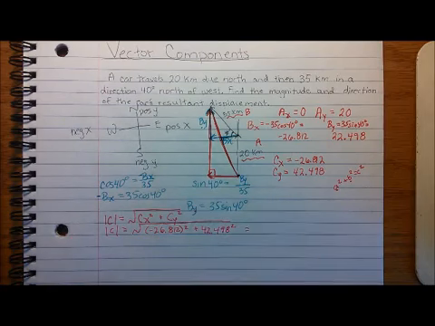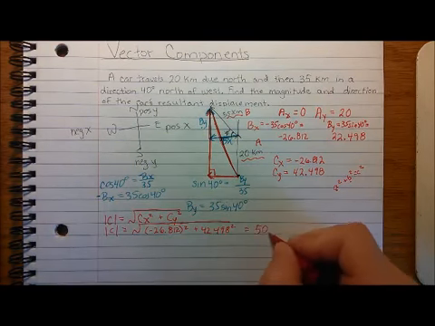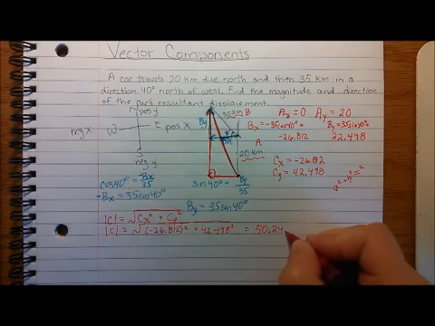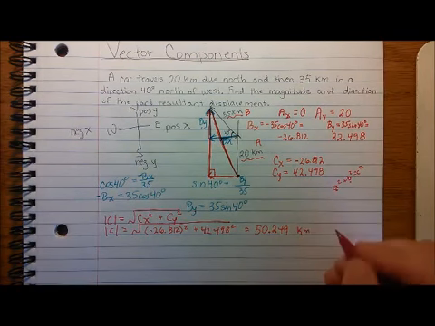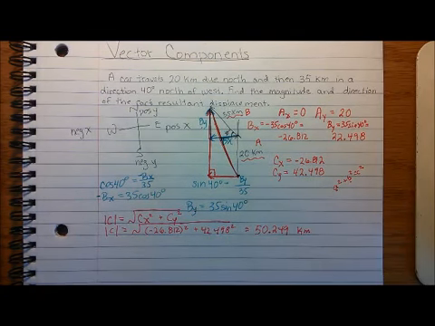Assuming you can plug that into your calculators correctly. And if you do, you should get 50.249. Let's write in our units. In this case, our units are kilometers. All right, so what we just found is the magnitude of our vector.